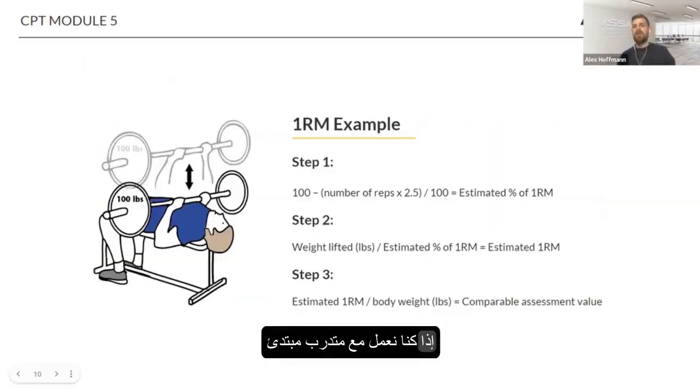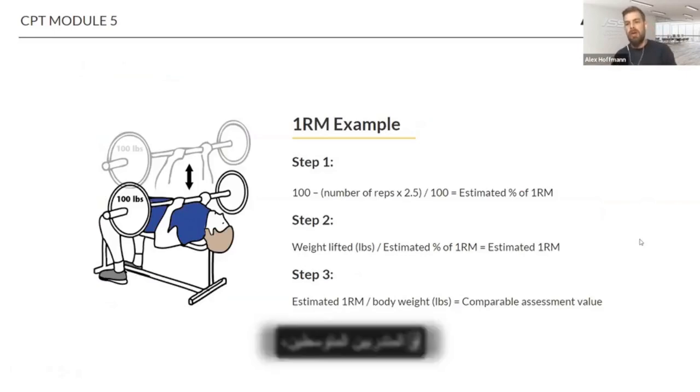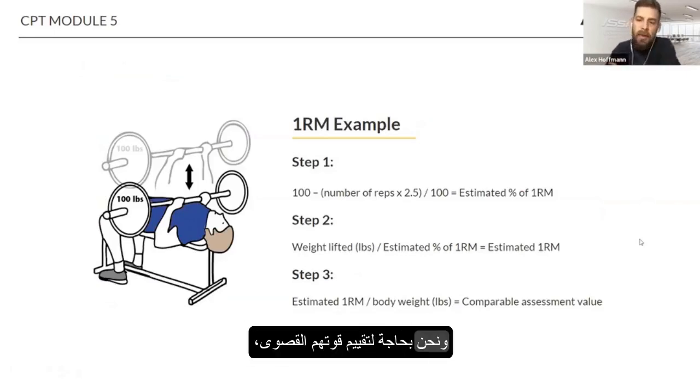So again, if we're working with a beginner trainee or an intermediate trainee, and we need to assess their maximal strength, what we would do is we would use a weight that the client can safely complete 6 to 10 repetitions of using ideal form. From there, we can estimate their 1 repetition max.